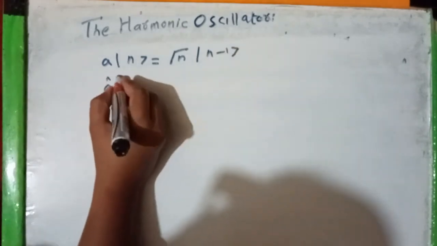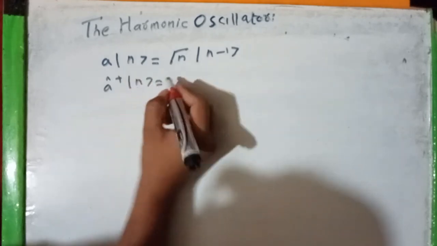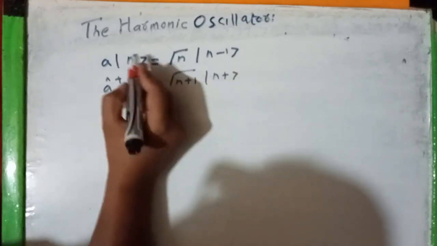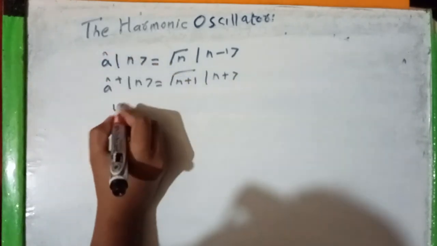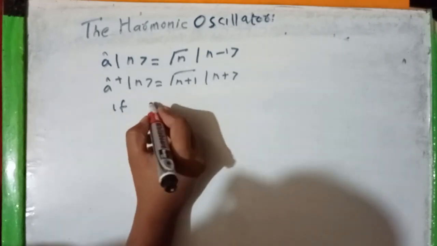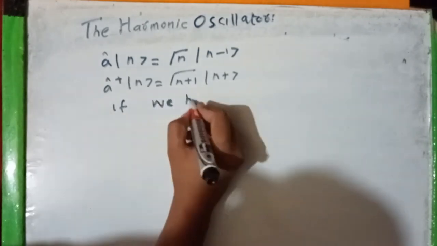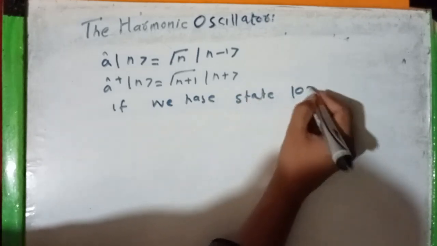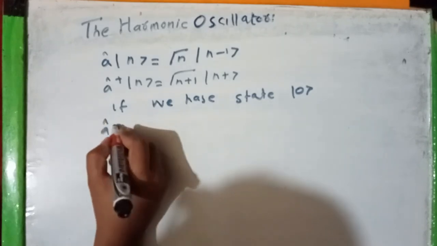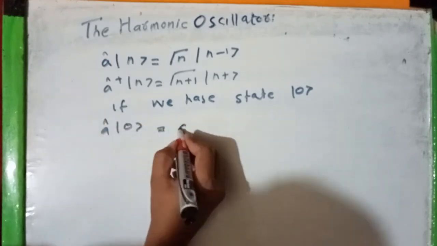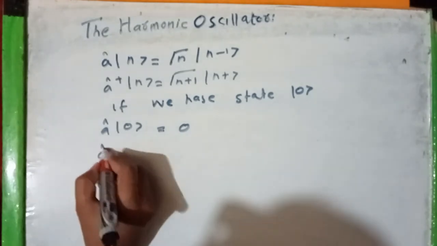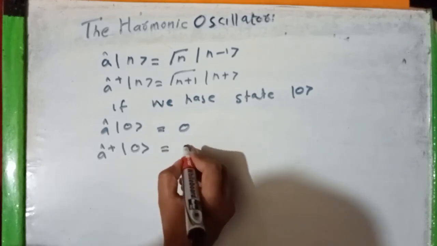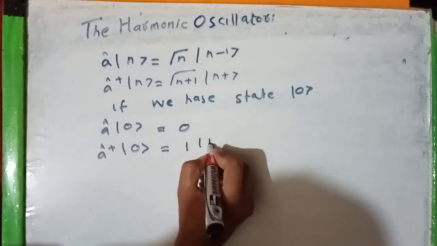And a dagger, when acting on state n, gives eigenvalue square root n plus 1 with state n plus 1. So if we have state 0, a acting on 0 gives us 0. When a dagger acts on state 0, it gives us 1 with state 1.